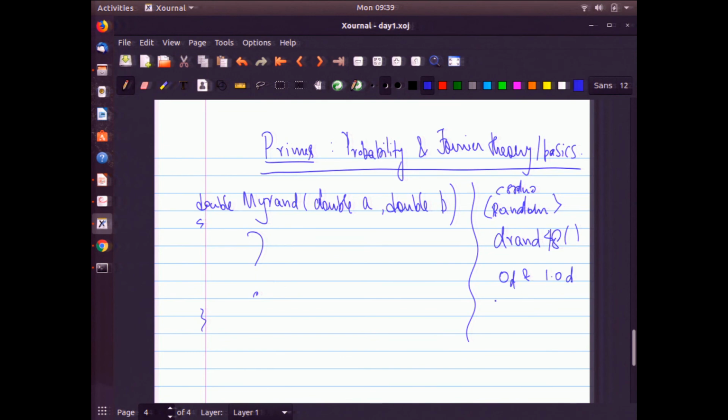Some strange systems which were used before will give you a random integer between 1 and some very large integer, they used to call RAND_MAX. So you will probably recognize this, right? You get an integer. It didn't even give you a double. And to generate the double, you divide.